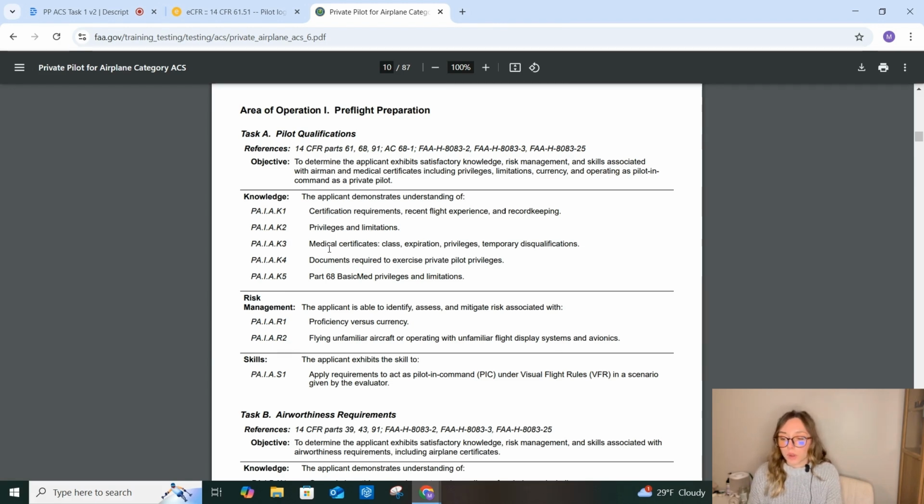Okay, we'll go into PA.1.A.K2, privileges and limitations. So this knowledge section is asking, what privileges do you have as a private pilot? Like, what can you do now that you have your license? And what are your limitations? So you can't do everything.